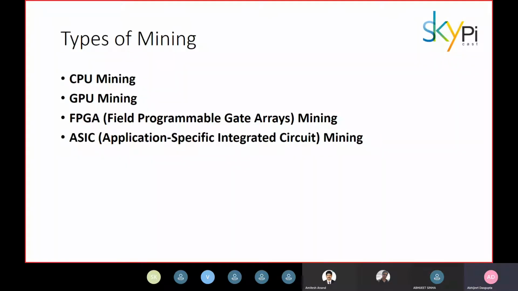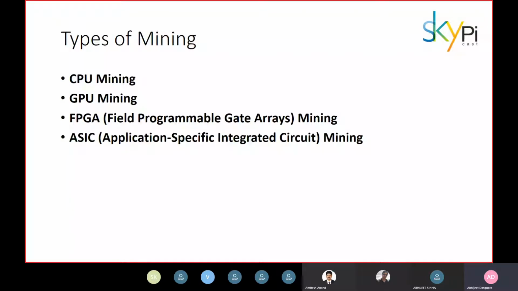So in case of GPU and CPU mining, you can use a CPU or GPU to mine any type of coins, regardless of the algorithms that they use in their mining. But in ASIC miners, you have to acquire the ASIC miner which can perform the algorithm which the coin that you want to mine actually follows.